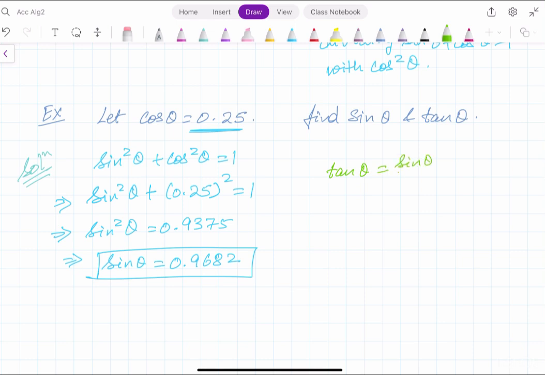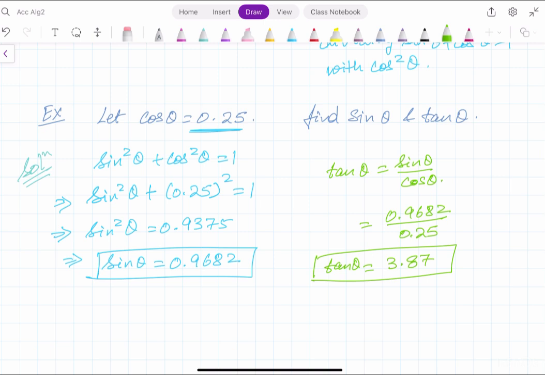Now what is tangent theta? Tangent theta is sine theta divided by cos theta. So I will plug in both the values and we will get our answer. And our answer is 3.87.